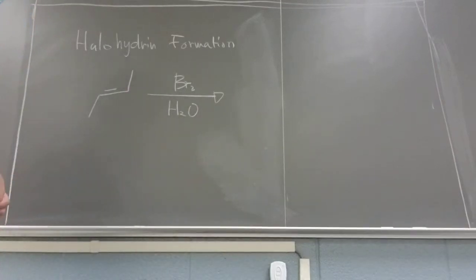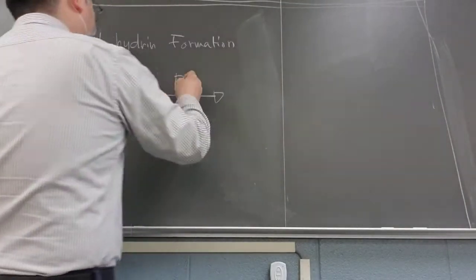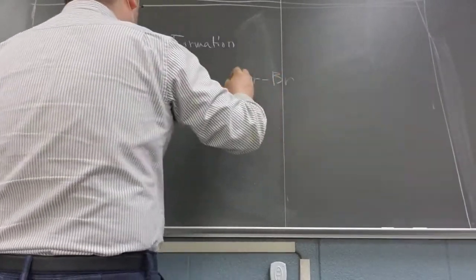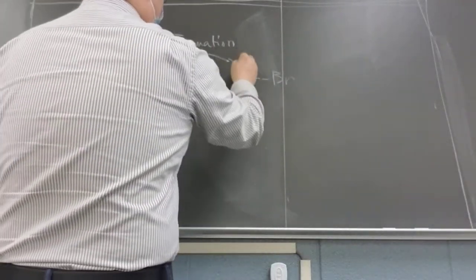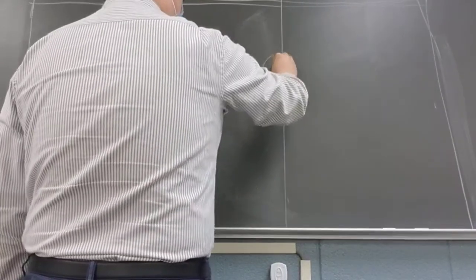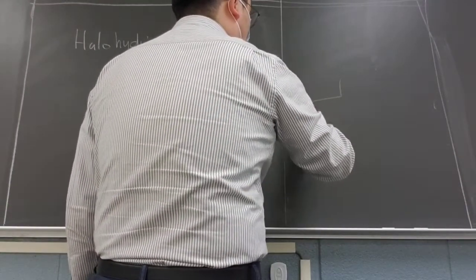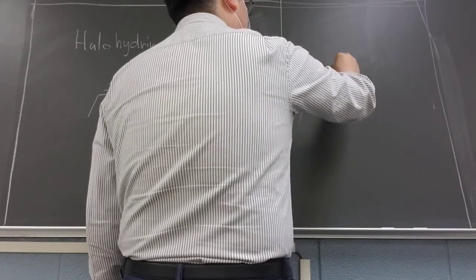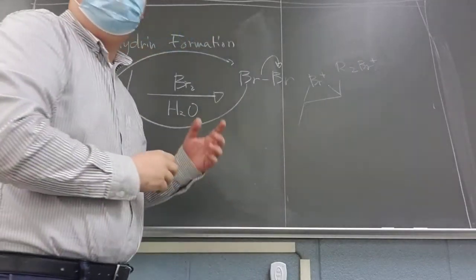So what happens is, when it gets down to this one, they will have sort of this form, a bromonium ion. Guys, remember this, right?